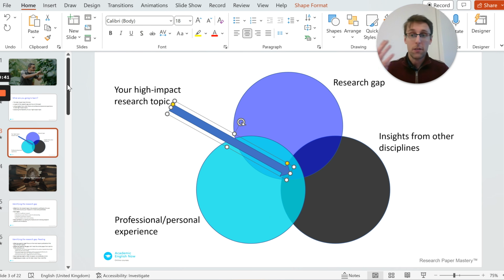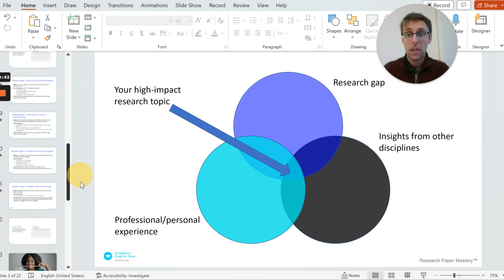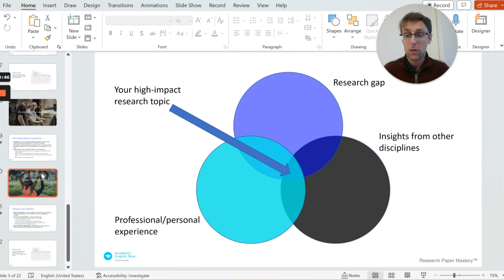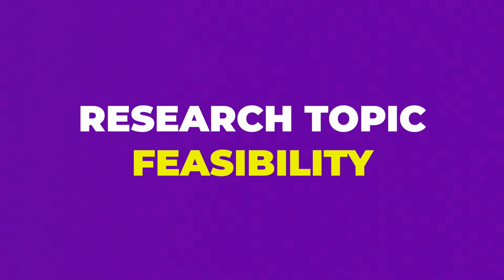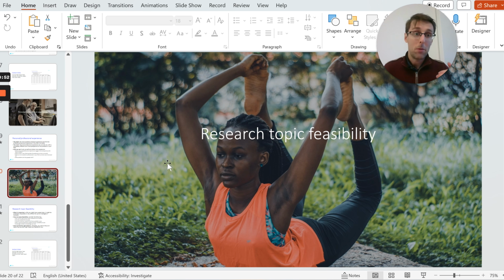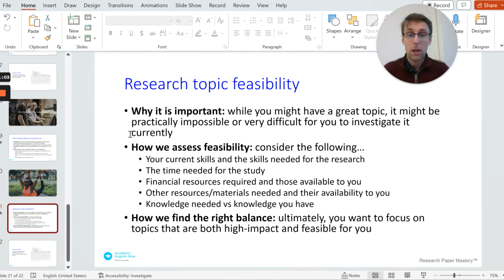Now, I promise I'll give you the fourth element as well, that is very often overlooked, and that's research topic feasibility, right? So if you want to publish several papers in good journals, you've got to pay attention to how feasible your topic actually is. Now, what do I mean by that?